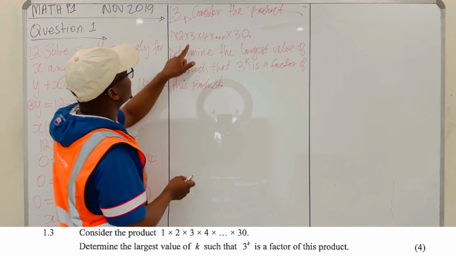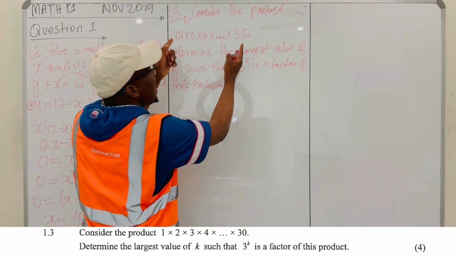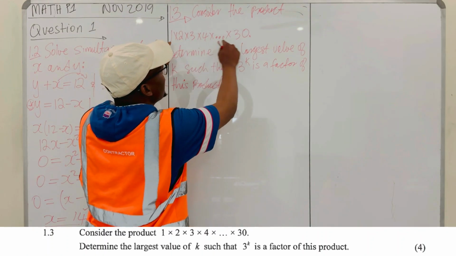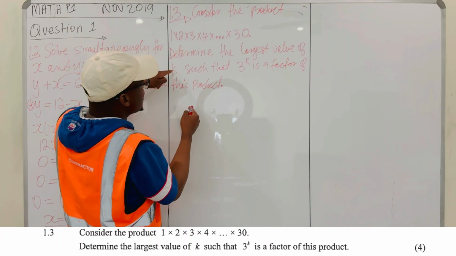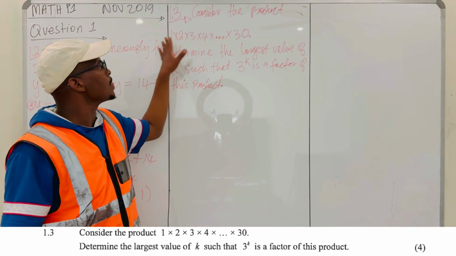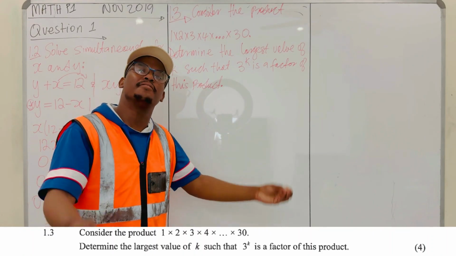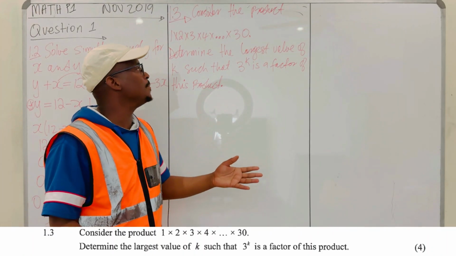If I take 3 and 19, which are in between here, and multiply them, 3 times 19, and I divide the entire thing by 3 times 19, the 3 will cancel itself and the 19 will cancel itself. So if you take any two numbers there and multiply them, that will be a factor of the entire number.